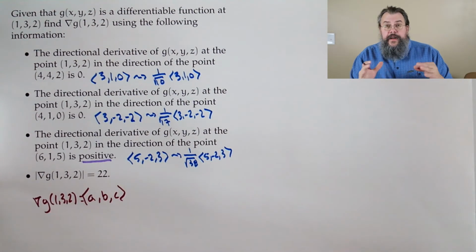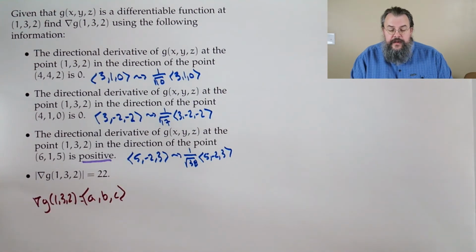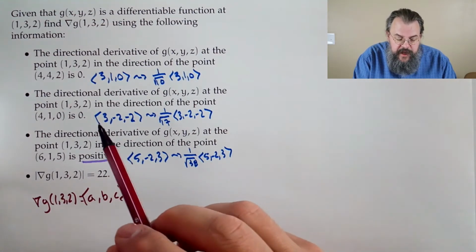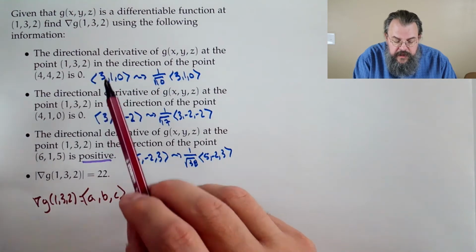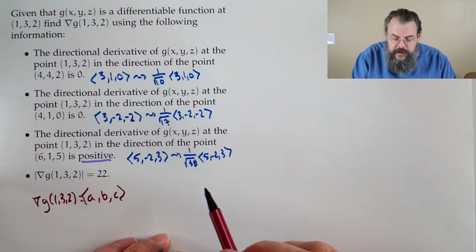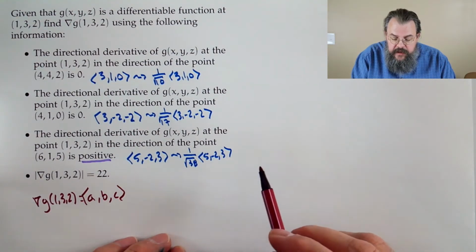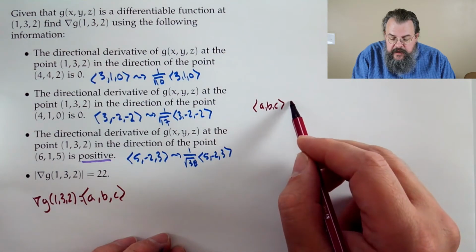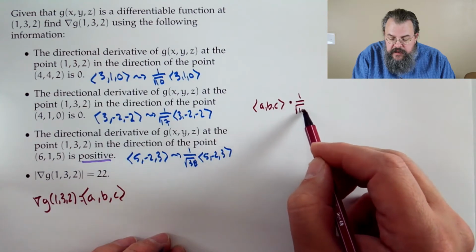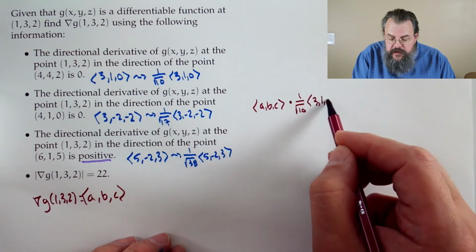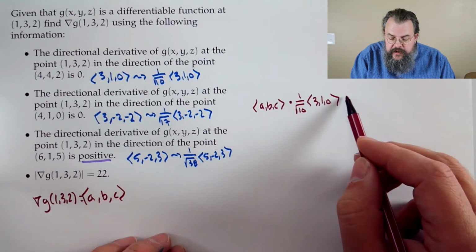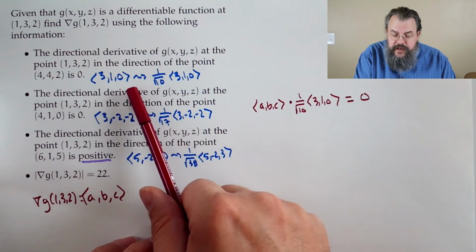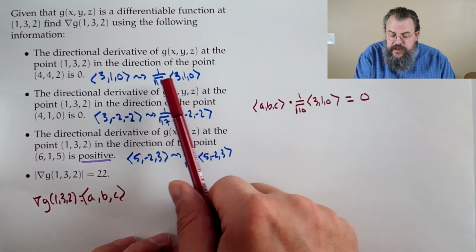All right, so that's our gradient that we're trying to find. Now we're going to translate some of these pieces of information. The first bullet point says what? Well, if we take (a, b, c), our gradient, dot 1 over root 10 times (3, 1, 0), that's going to be equal to 0, because the directional derivative at our point in this direction is 0.